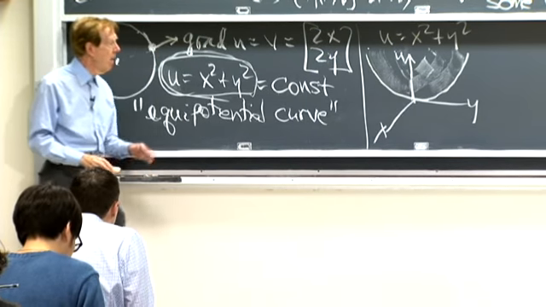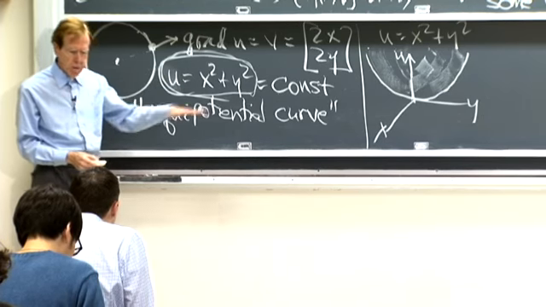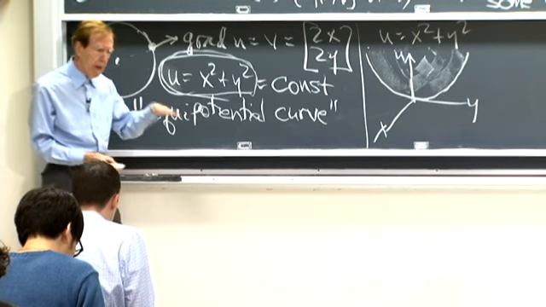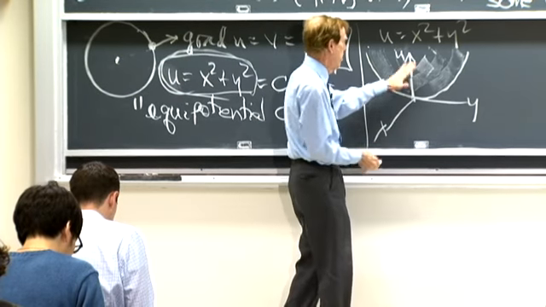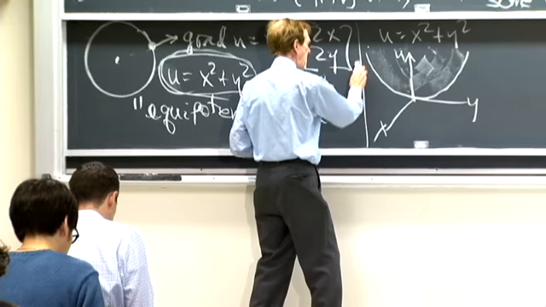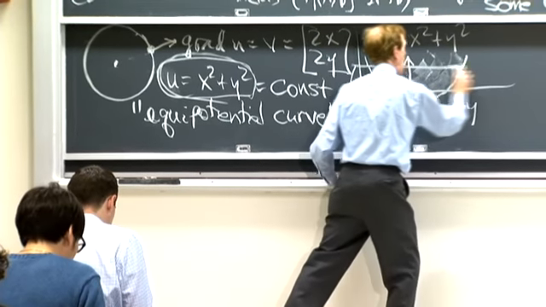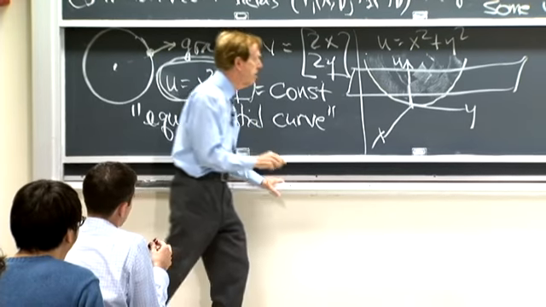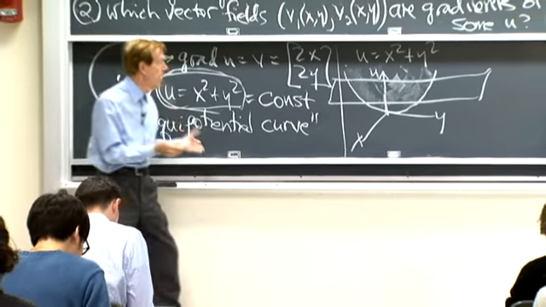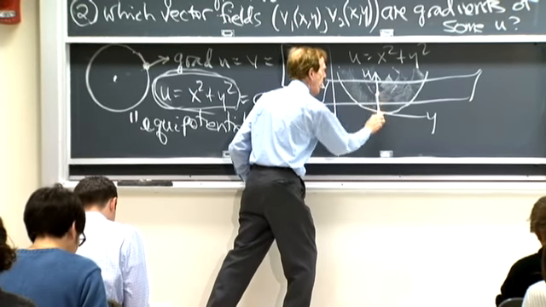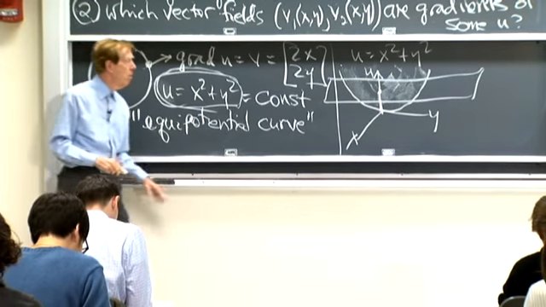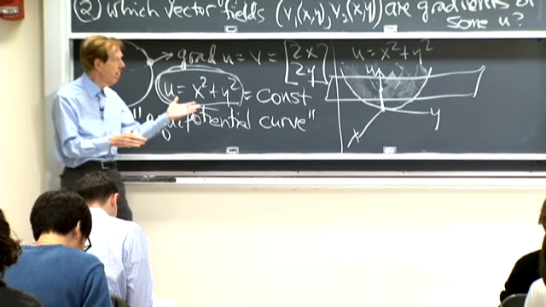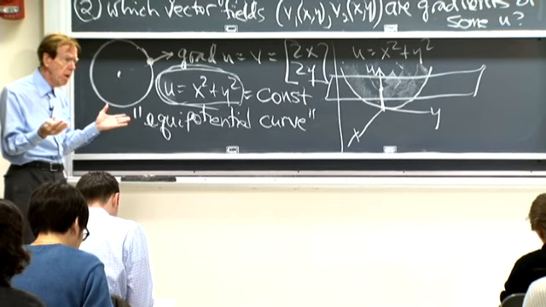And now I cut through it, a horizontal cross section, at the height c. What do I get? If I take this surface in 3D and I cut through it by a plane at that height c, so if the plane went through there, that distance was c, it cuts a cross section out of the bowl, and what's the cross section?